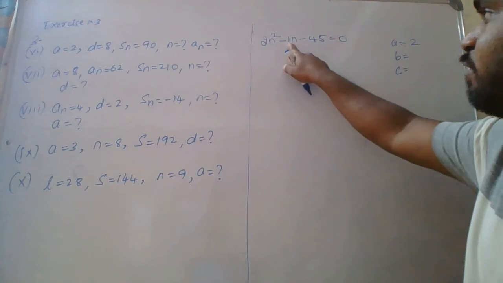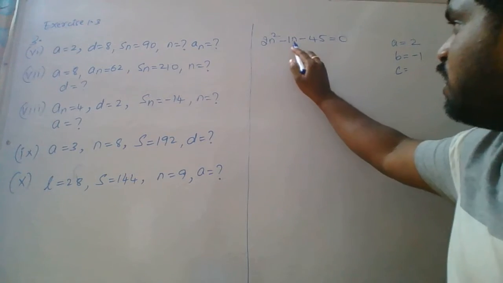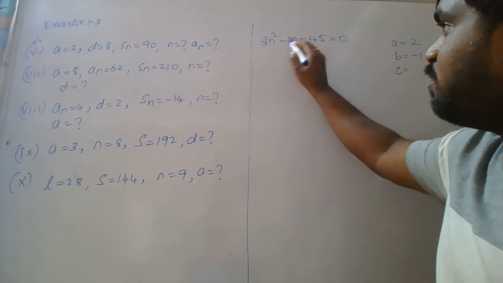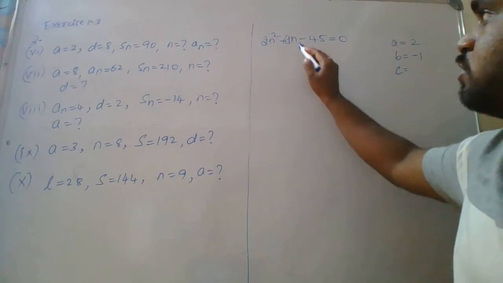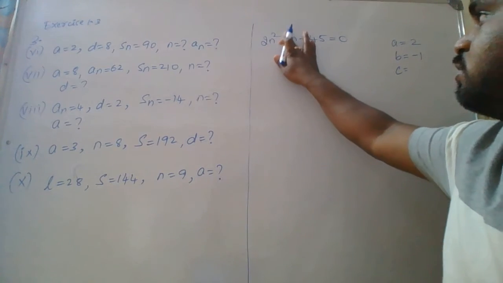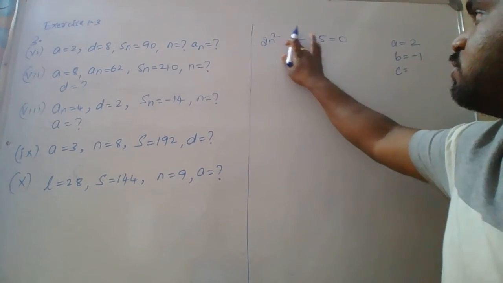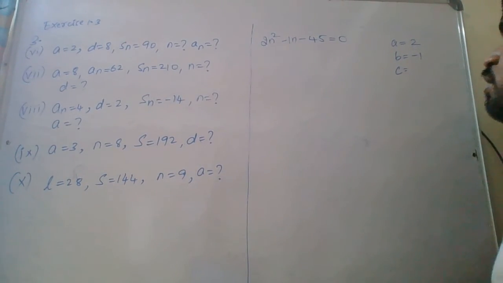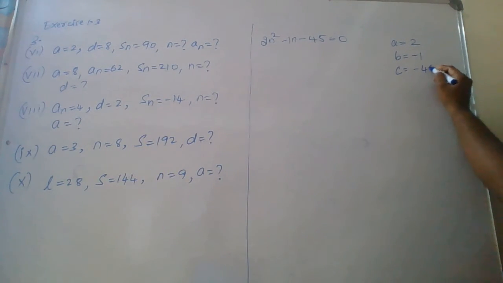The coefficient of n with the sign, that is minus 1. Actually only 1 is multiplied. Usually in the standard form everything is positive, so I can write this as plus of minus 1. So now the coefficient becomes minus 1. If you get it in the standard form, you'll get to know the value of B is minus 1 and the value of C, the constant term, is minus 45.